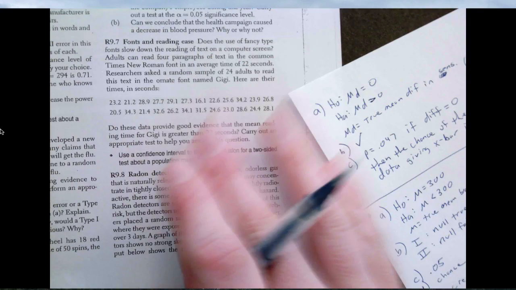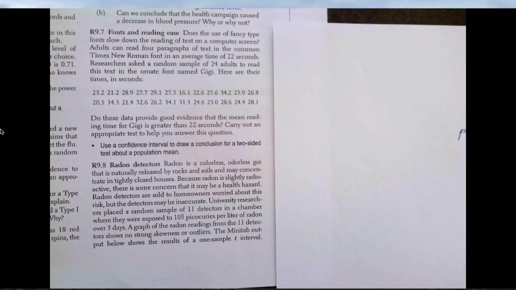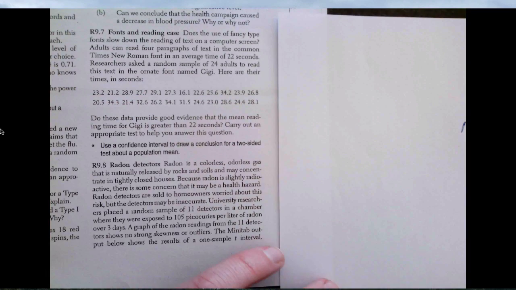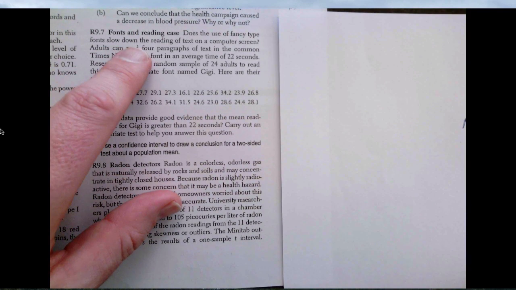Okay, let's look at 7. Seven says, font and reading ease. Okay, and it says, does use of fancy type fonts slow down reading of text on a computer screen?